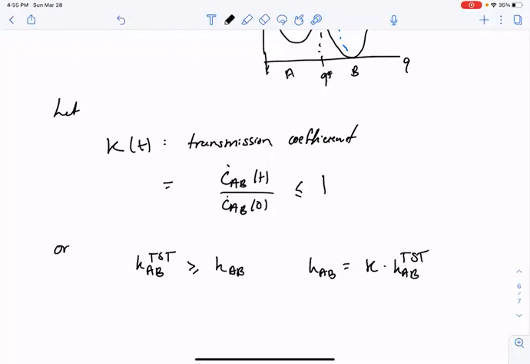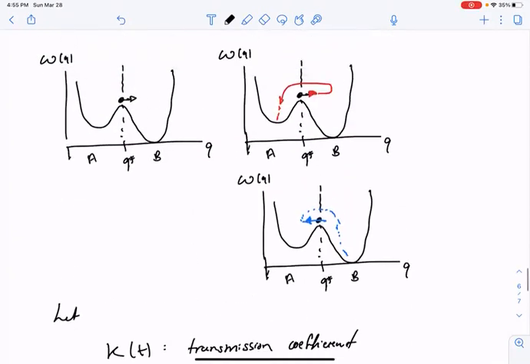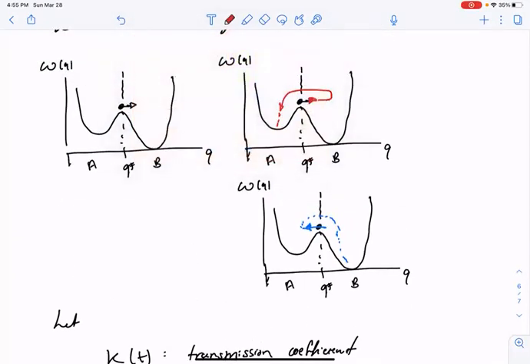A correction to transition state theory includes those recrossing events that serve to reduce the rate below its transition state theory estimate.